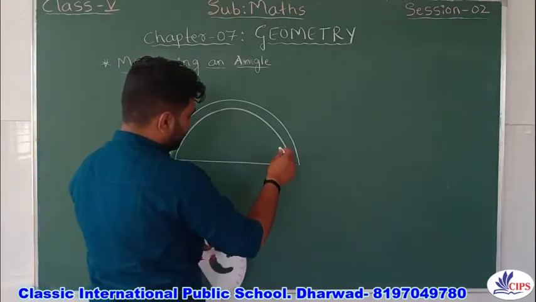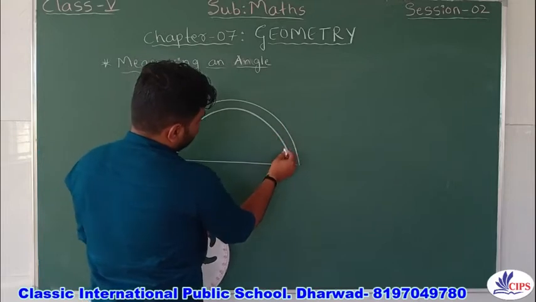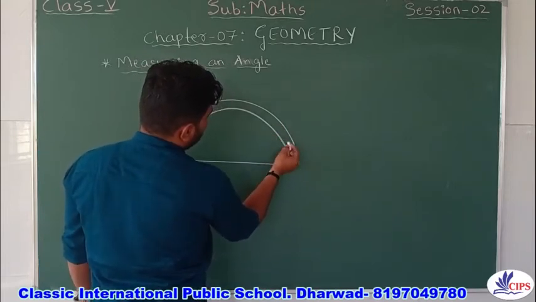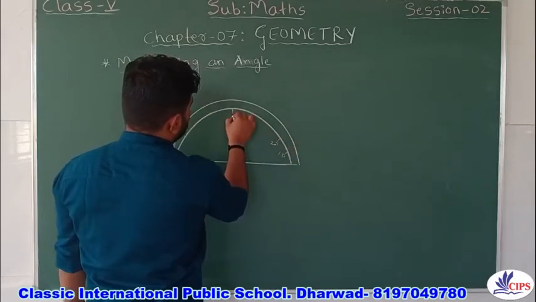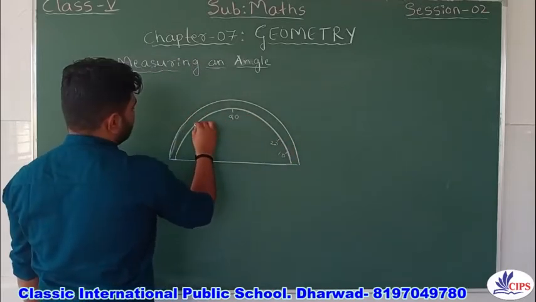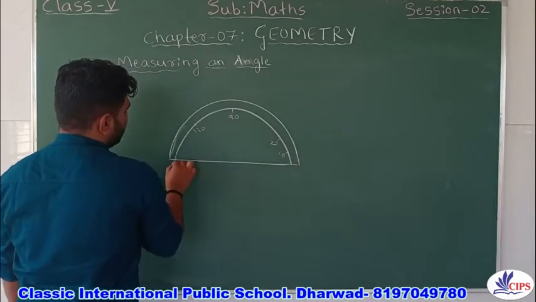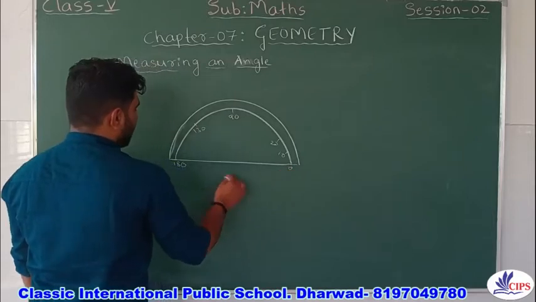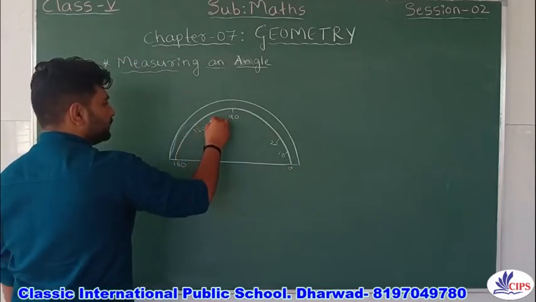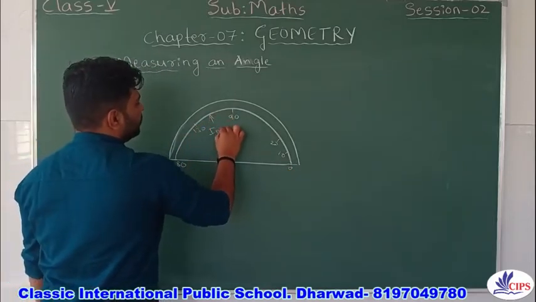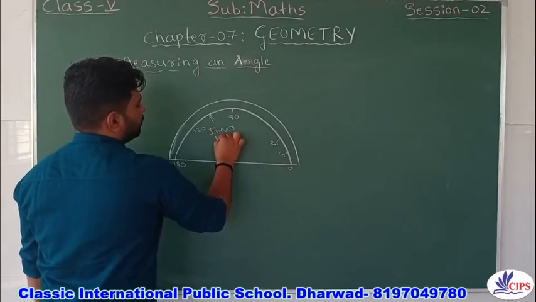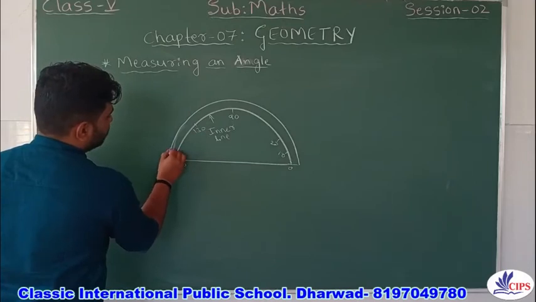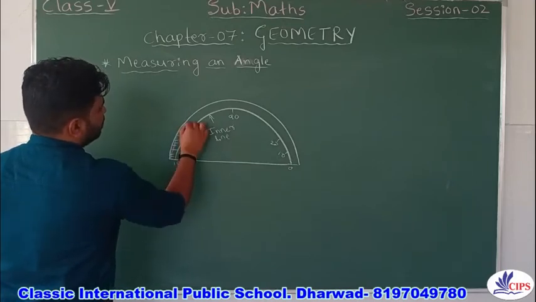So here, inner means this space. Say this is 10, 20, 90, 130, so 180. We started from 0 here. This is the inner line. And here we got the outer line.